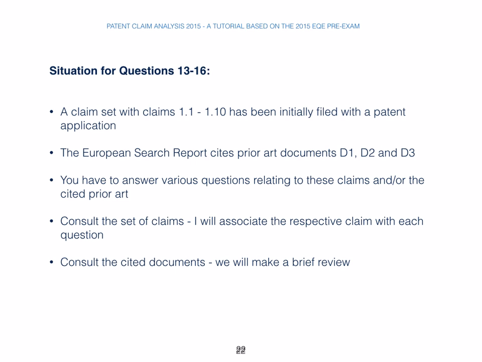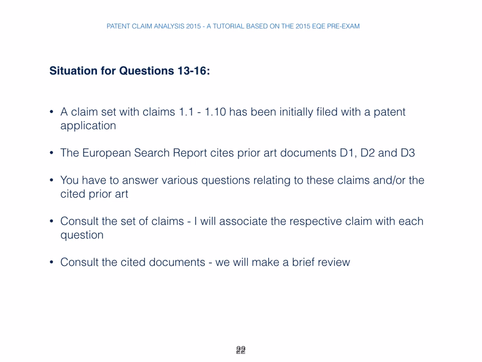The situation for questions 13 to 16 is that the claim set with claims 1.1 to 1.10 has been initially filed with the patent application. We will come across these claims as they occur in the questions. The European Search Report cites prior art documents D1, D2, and D3.